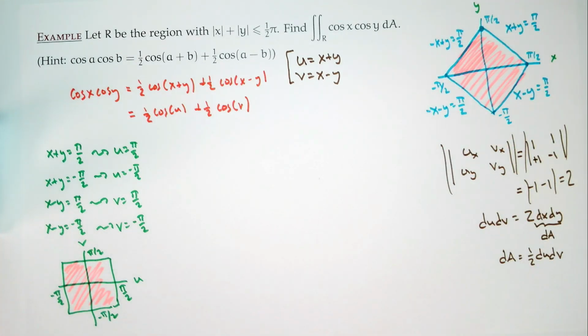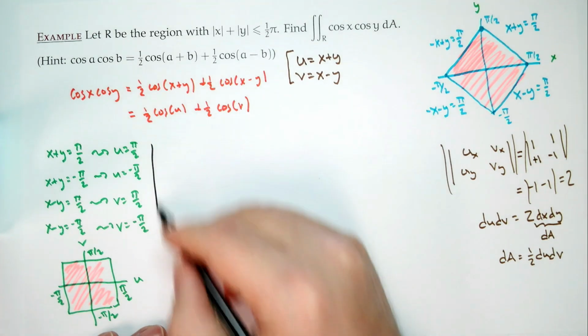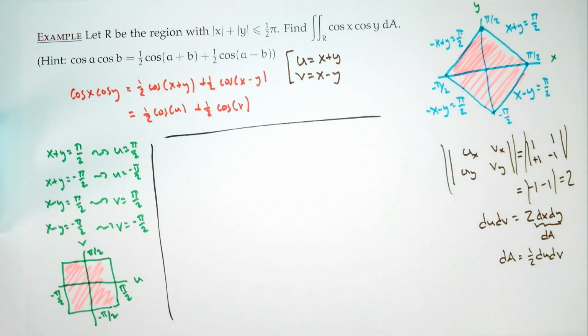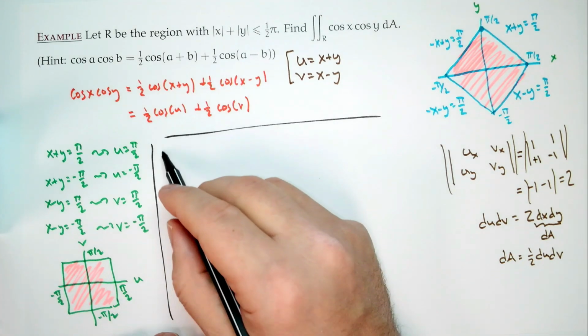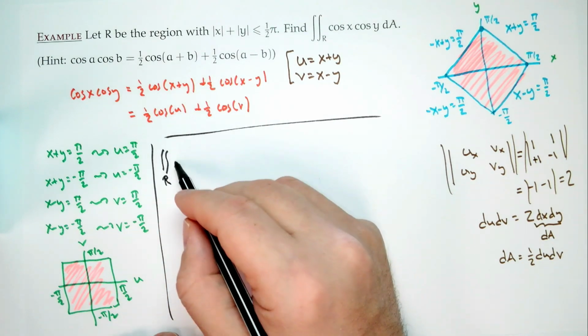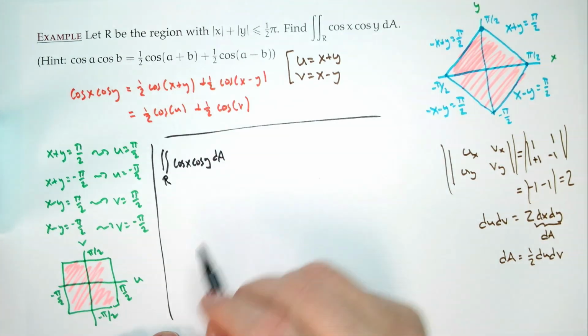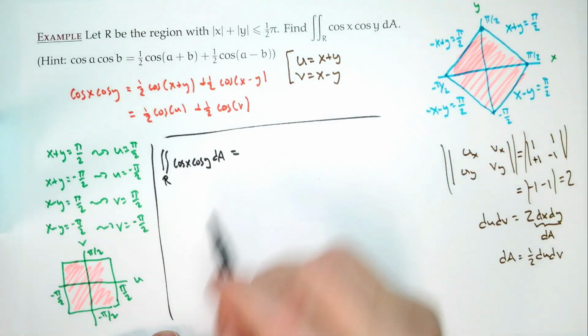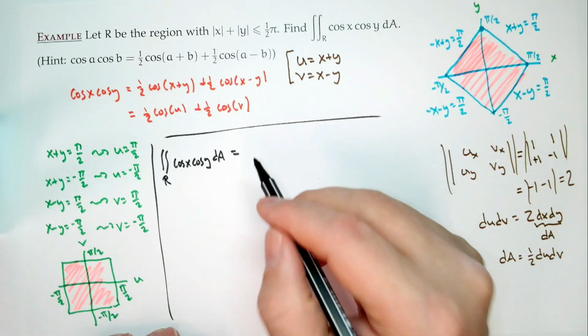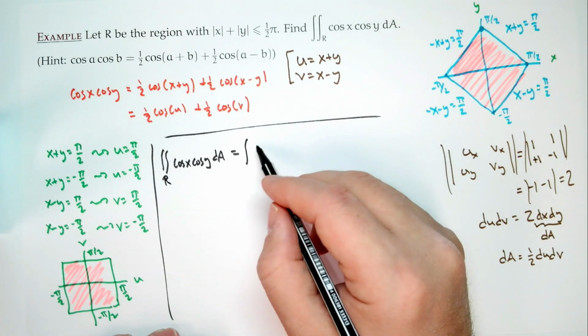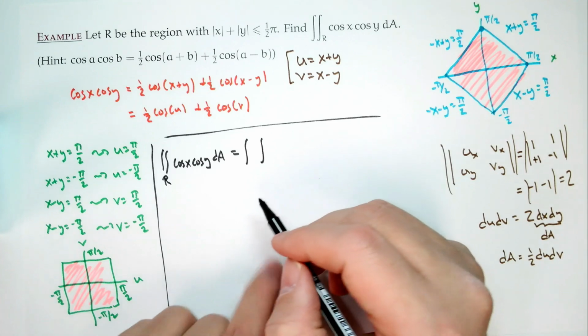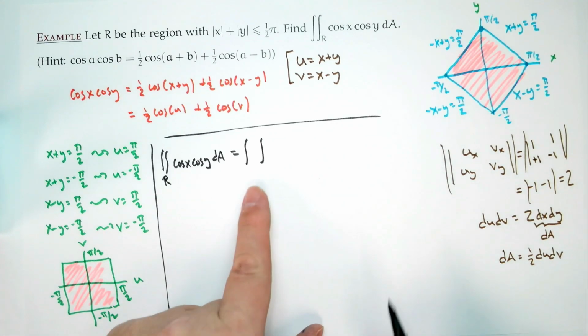Now we can definitely do one integral. Indeed, there's no surprises left. So let's see what we get. We get the following. Well, we're going to have that our integral over our region of our function cosine x cosine y dA is going to be equal to the integral, we'll do our bounds in a second.